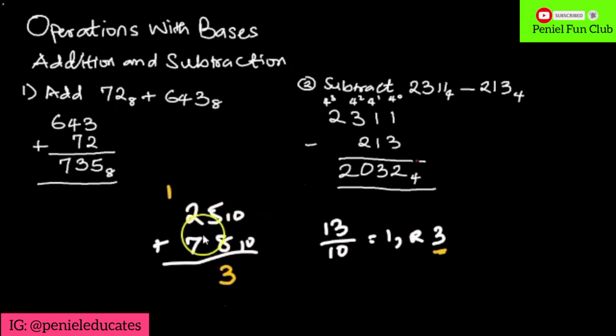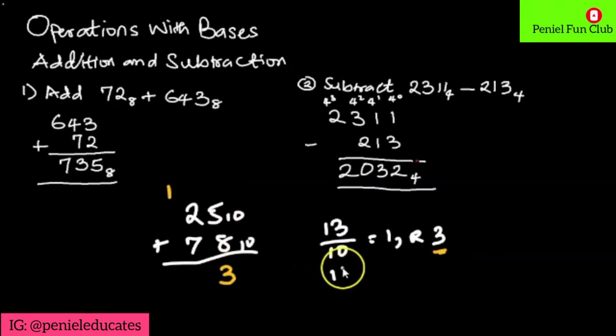Okay, so when we have 7 plus 2, 9, plus 1, that is 10. The 10 that we have gotten here is the same thing as this 10, and any number in any base must be lower than that base. So 7 plus 2 plus 1, that is 10. Then we cannot write 10.